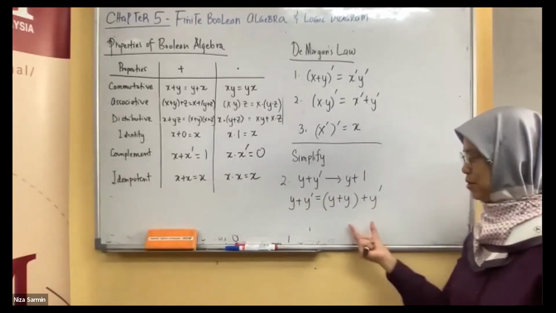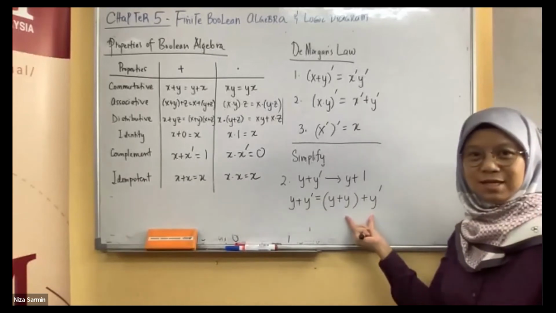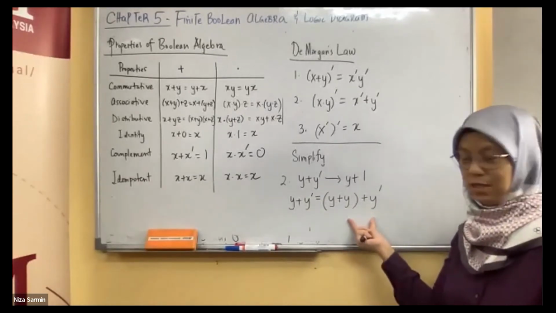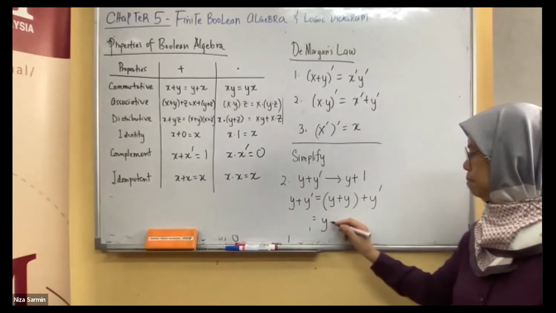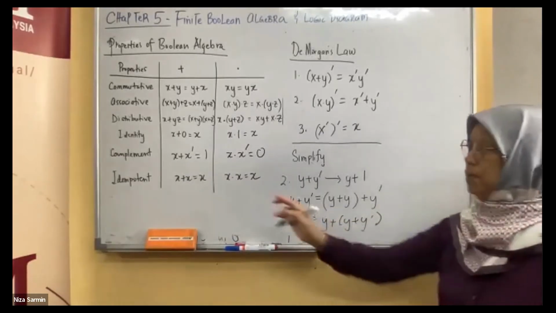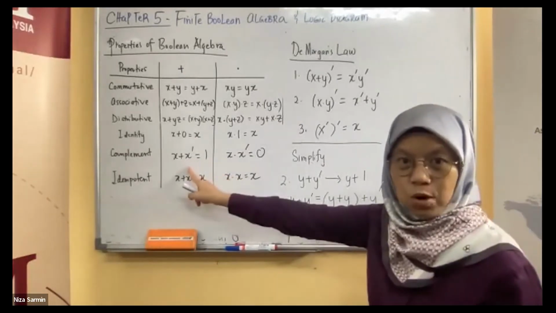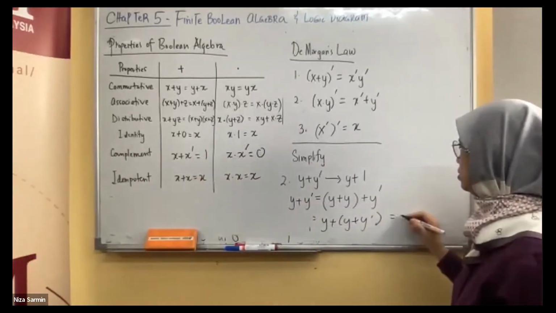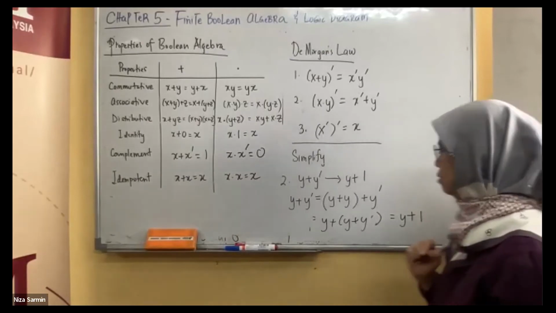Why do I do this? Because I want to do the associative: y plus y plus y prime. And what is y plus y prime? 1. So this is equal to y plus 1.